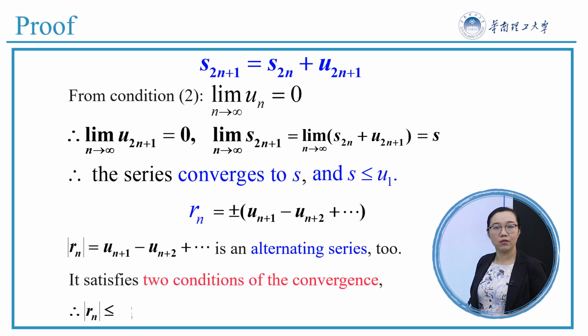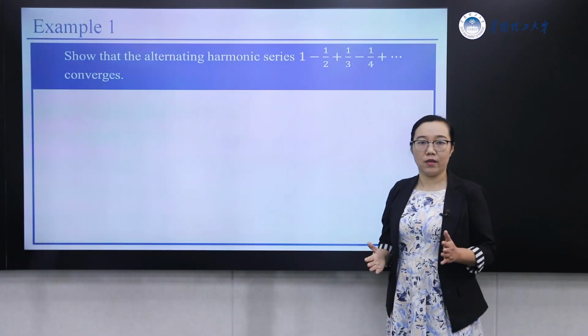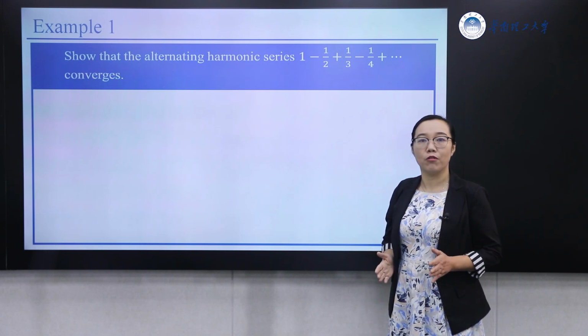It satisfies the two conditions of convergence, so the absolute value of Rn is less than or equal to Un plus 1.